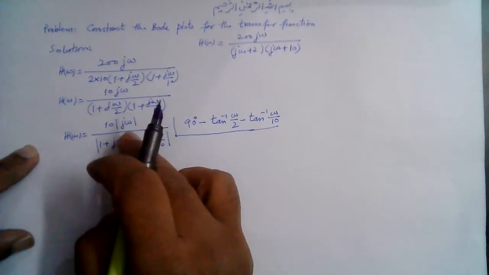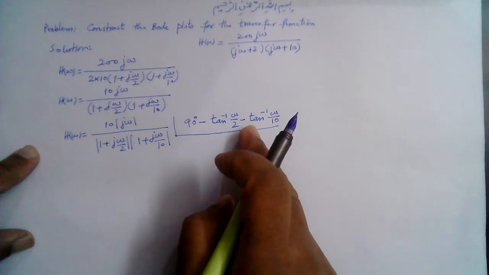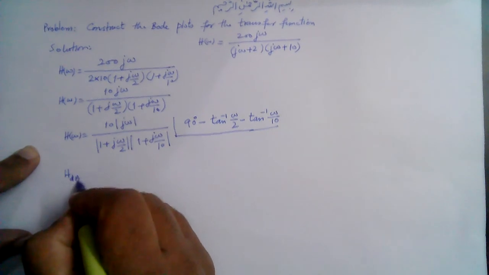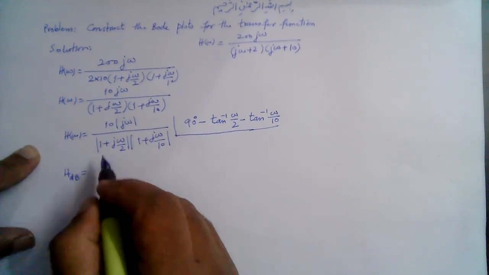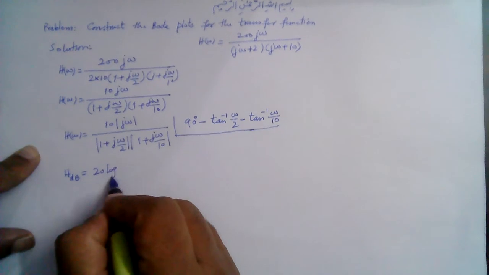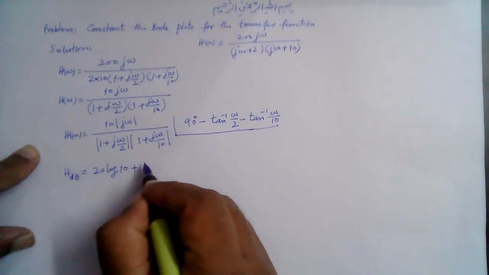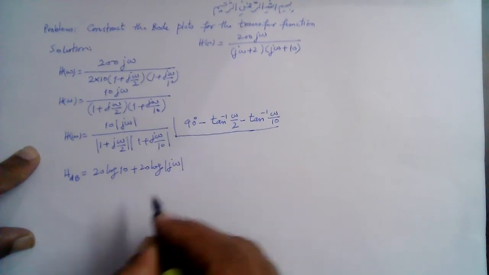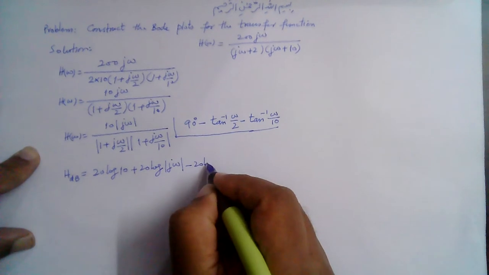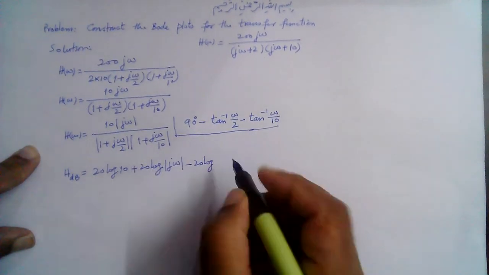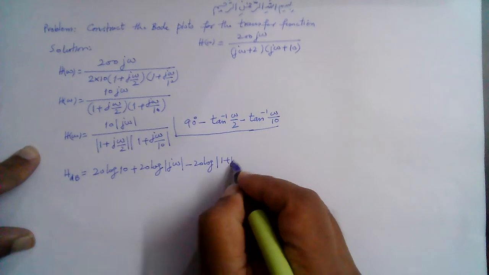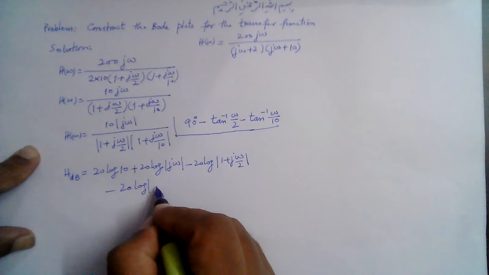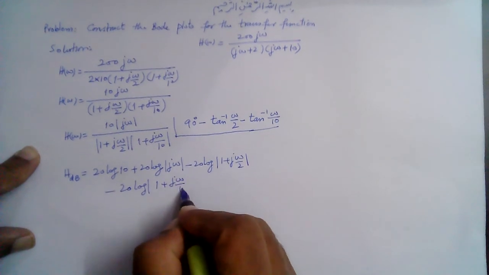So this gives us the magnitude and this gives us the phase plot, but the magnitude is to be transformed into dB. So H dB is 20 log of H, so 20 log 10 plus 20 log of this term j omega, and then minus 20 log, minus because this is for the poles in the denominator, of 1 plus j omega over 2, and minus 20 log of 1 plus j omega over 10.